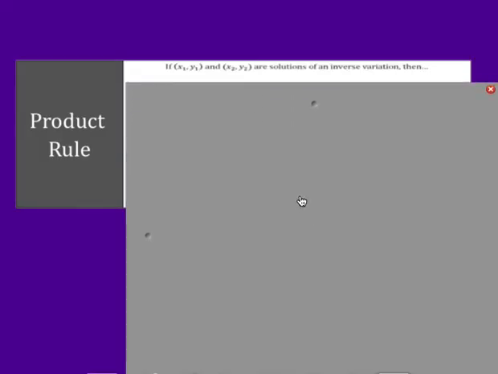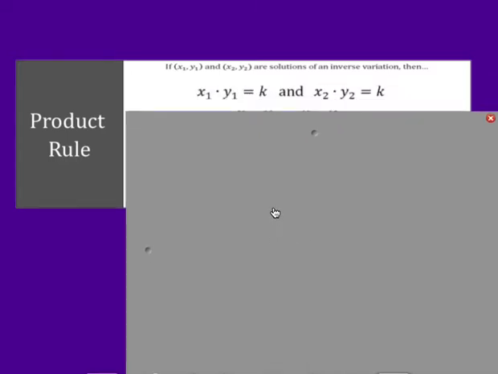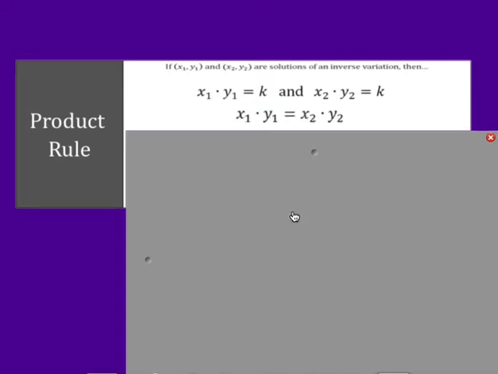So the product rule, basically we're starting with 2 points, kind of like we did with the distance formula. We have x1, y1, and x2, y2, and they're solutions to an inverse variation. Then we can take x1 and multiply it times y1, and that's going to be equal to our k. Likewise, x2 times our y2 is also going to be equal to our k.